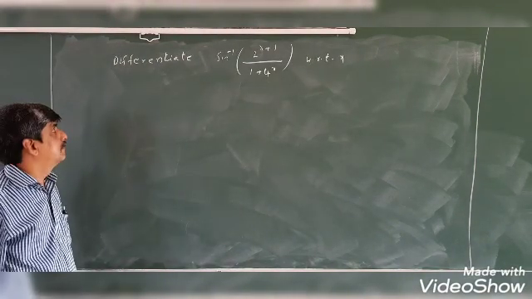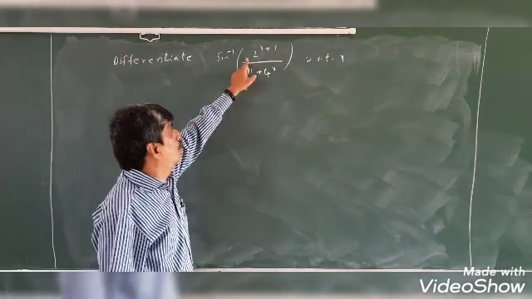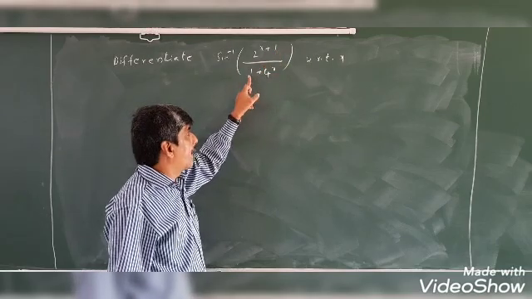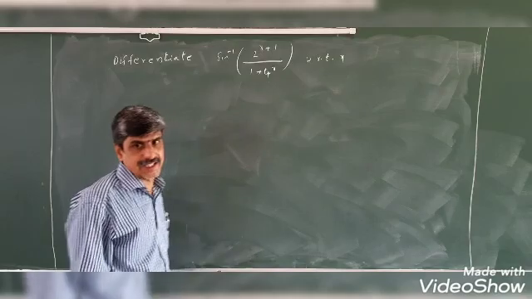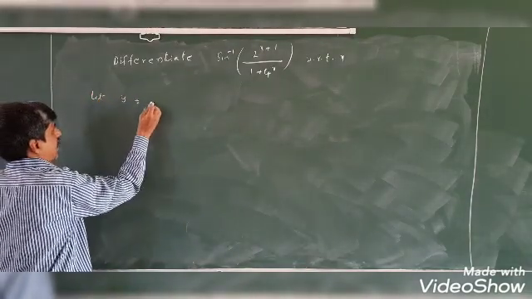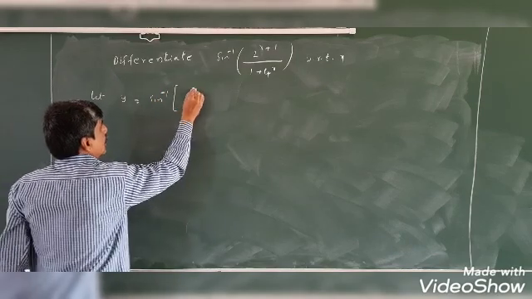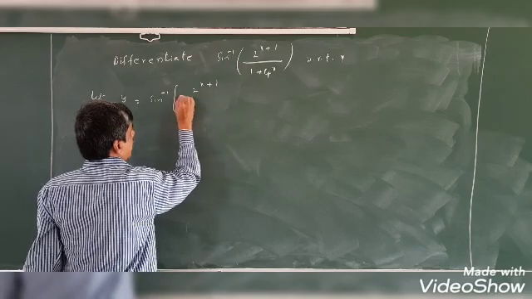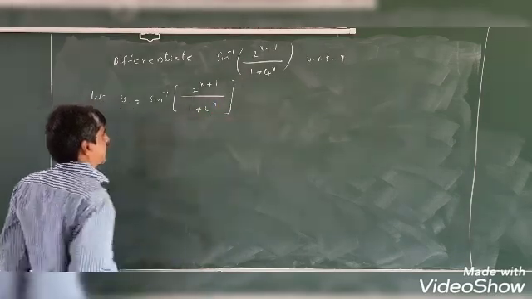Next numerical. Differentiate sin inverse of 2 power x plus 1 by 1 plus 4 power x with respect to x. So let y is equal to sin inverse of 2 power x plus 1 by 1 plus 4 power x.